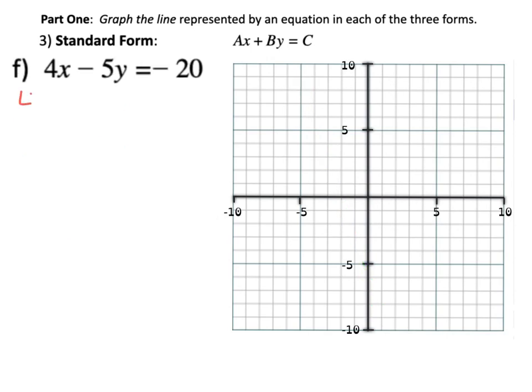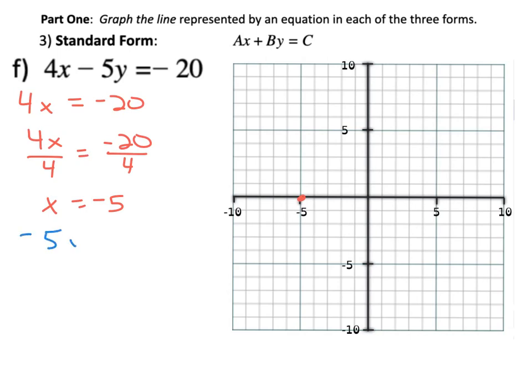Okay, we're going to take our x term, set it equal to the constant, and solve. On our x-axis at -5, we put a point, that is the x-intercept. Take the y term, set it equal to the constant, solve by dividing by the coefficient, and you get y equals 4.